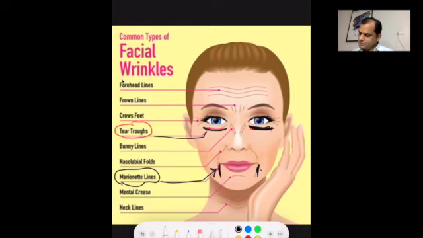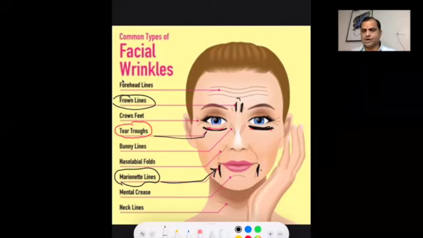And he's developing these lines, which are called frown lines. So these lines are the results of metal dysfunction.